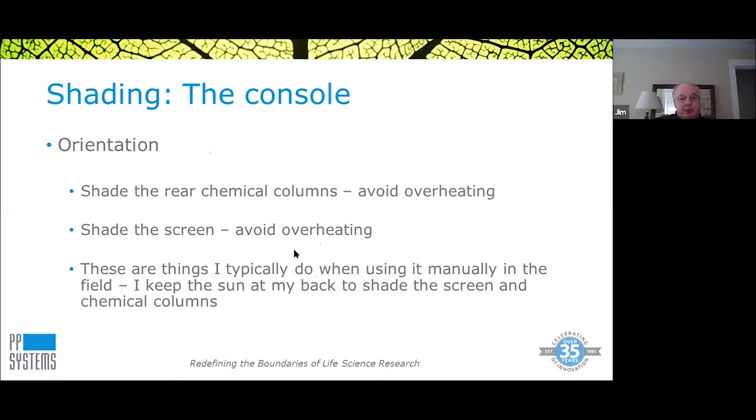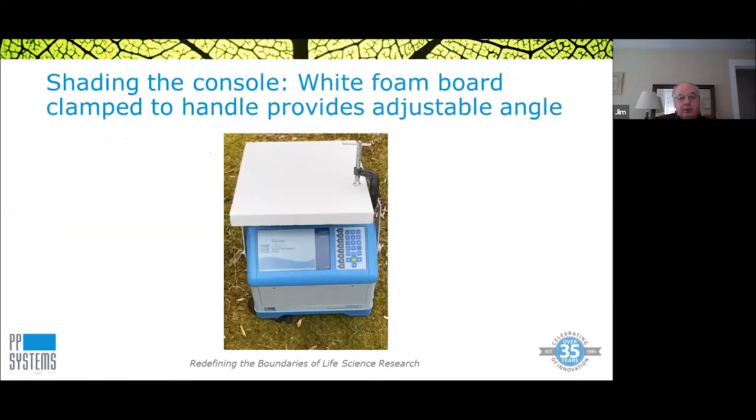I'd run the instrument with the sun at my back in order to shade the screen and the chemical columns and stick the leaf cuvette out in front of my shadow as I'm doing measurements. So these are things you need to do even if you're not there. So shading the console, just a white styrofoam board clamped to the handle, then you can use the handle pivot to adjust the angle of that very easily. And that works fine.